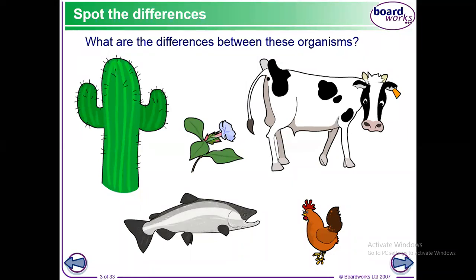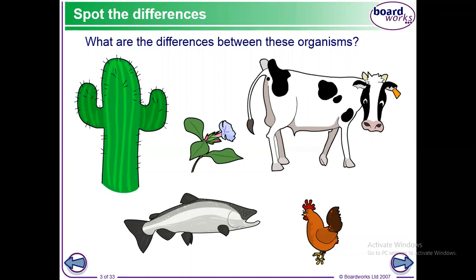Can you see a difference between the animals themselves? Yes, so what do you think? I think the cow is different and the fish is a different part of the animal. Yes, we can say that we have the fish living in the water all of its life. We have the chicken here covered with feathers and it has wings.